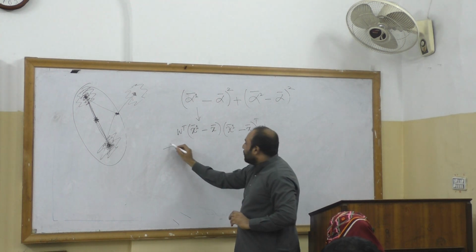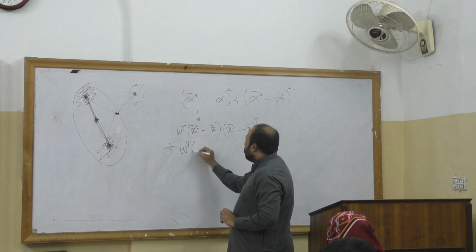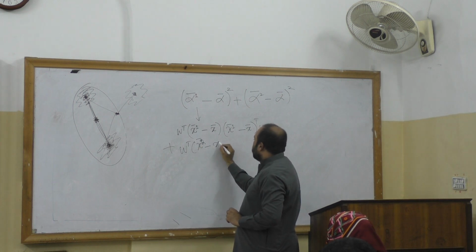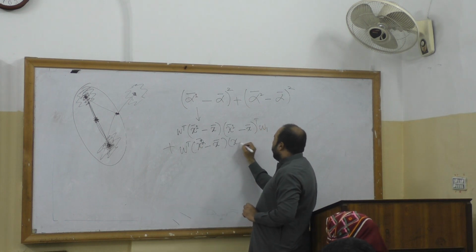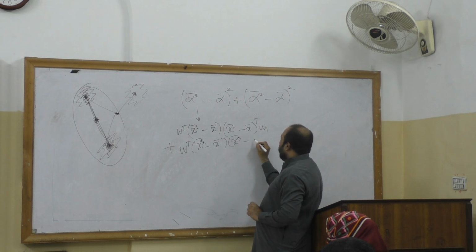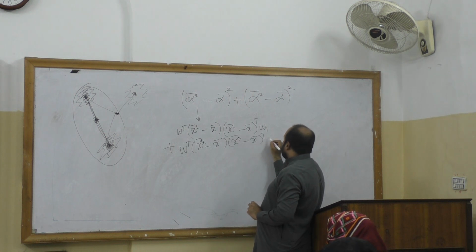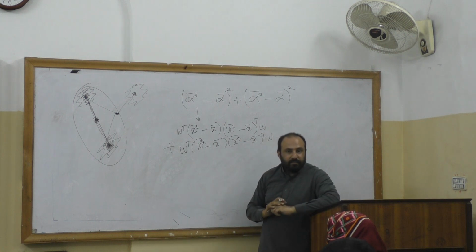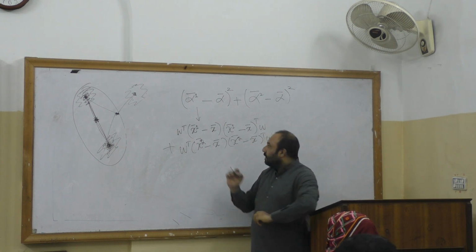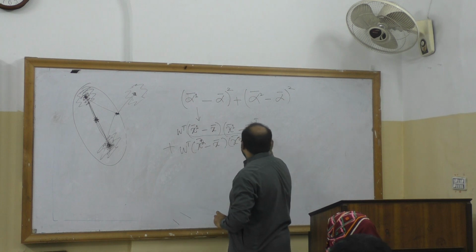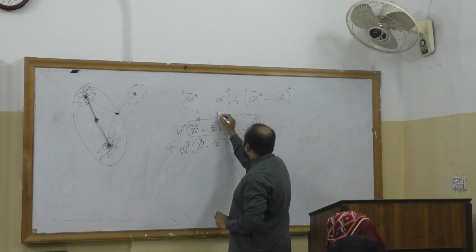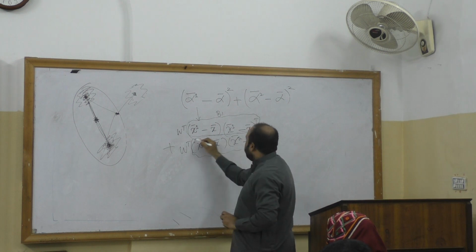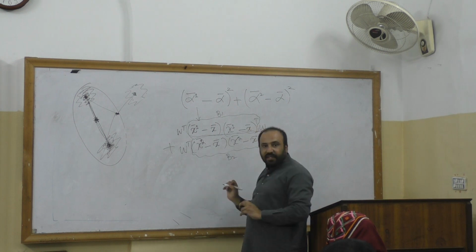Plus W transpose (X2 bar minus X bar)(X2 bar minus X bar) transpose W. Let me call this matrix B1 and this matrix B2, which is completely computable from the data.